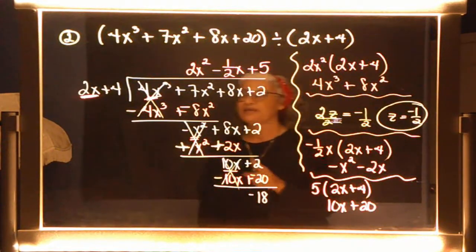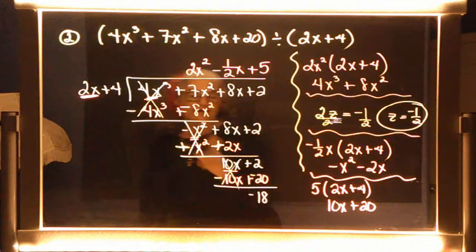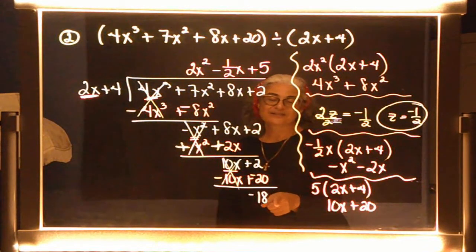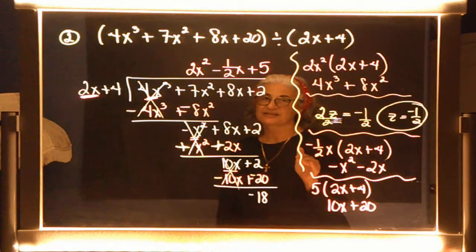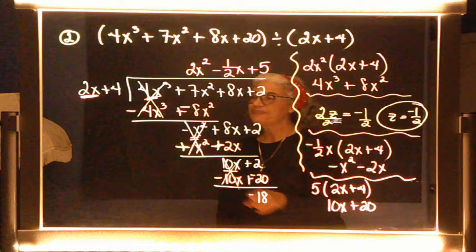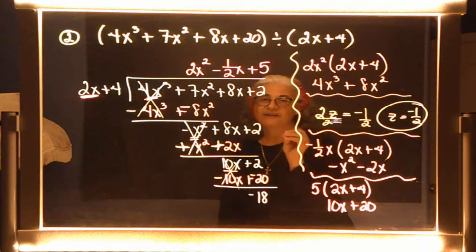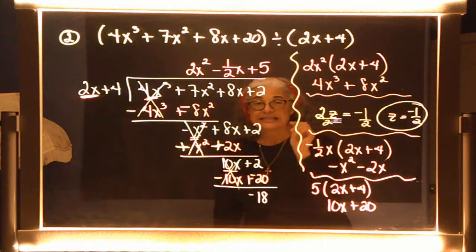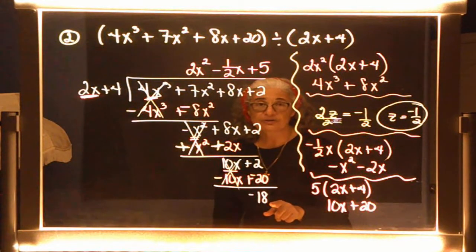Okay. I'm trying to make a 2x look like a negative 18. But this negative 18 has no x's with it, does it? So technically, in long division of polynomials, it's not the numbers you look at to see who's smaller. Write this down. To see if this is smaller, it's the x's you look at.